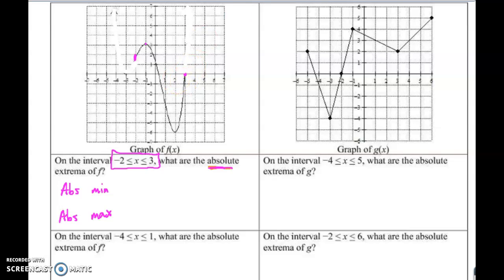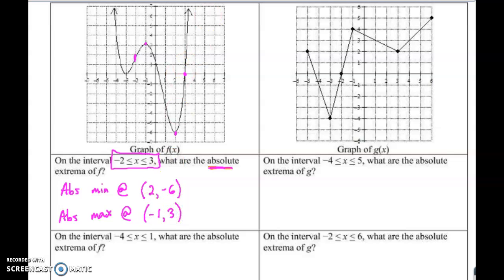I don't really like that though, it's just a personal habit of mine. The min value occurred down here, and we'll say it's about (2, -6), because I know the graph isn't perfect there. And the absolute max occurred, not at the endpoints, but at this relative max, (-1, 3).